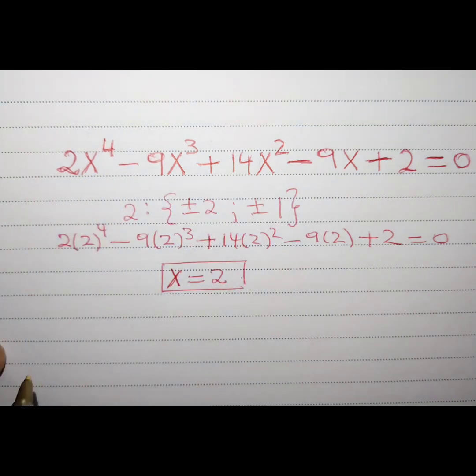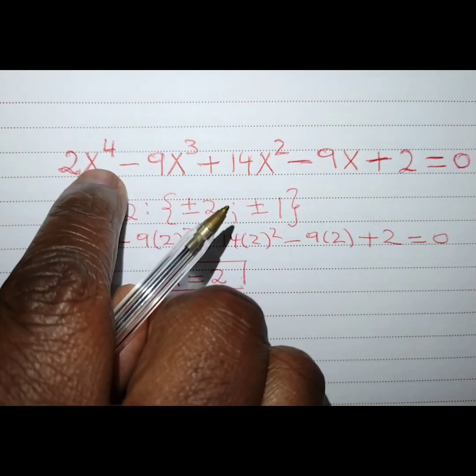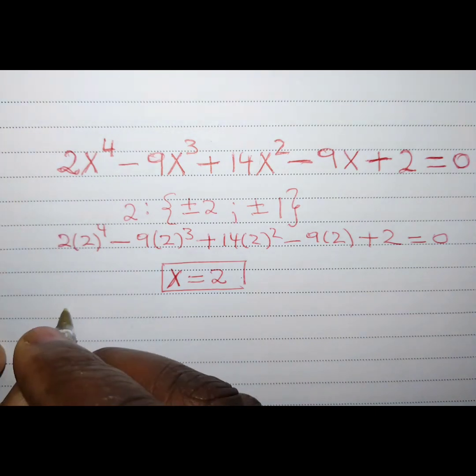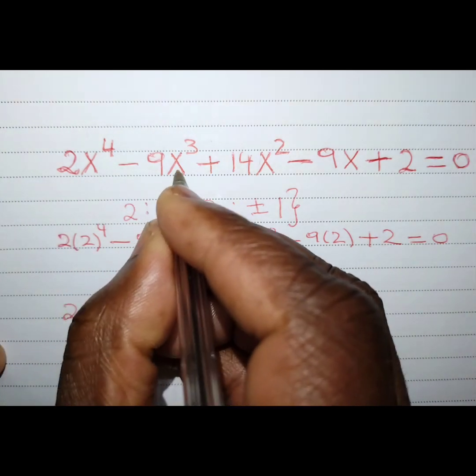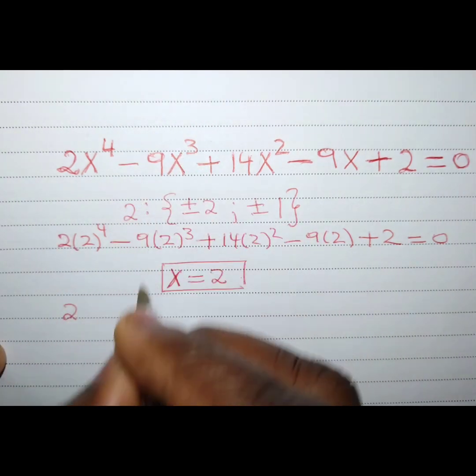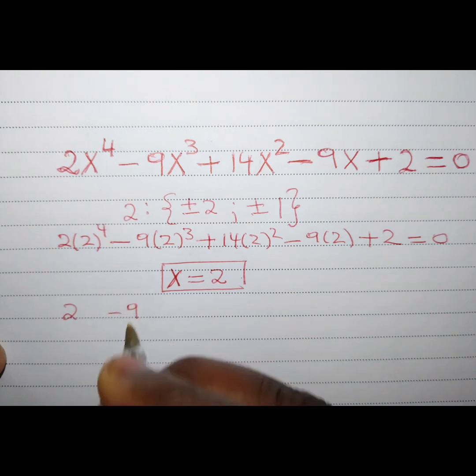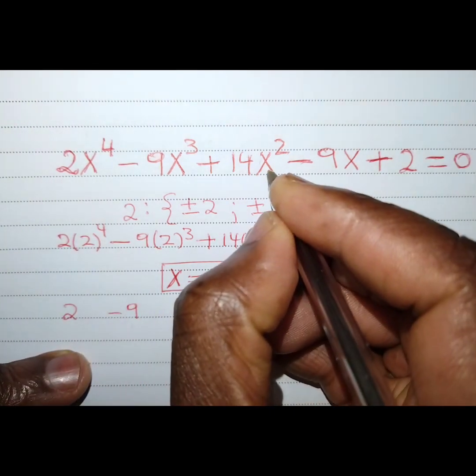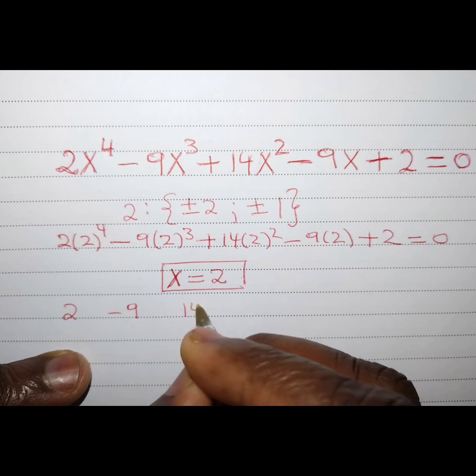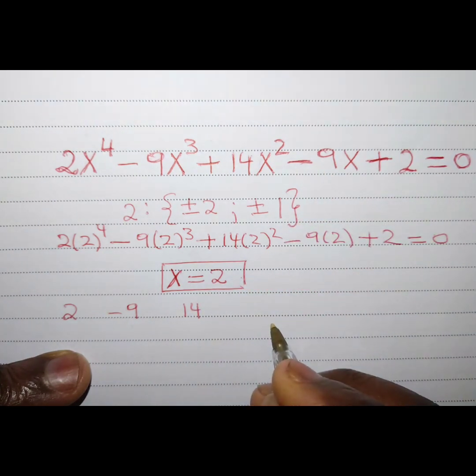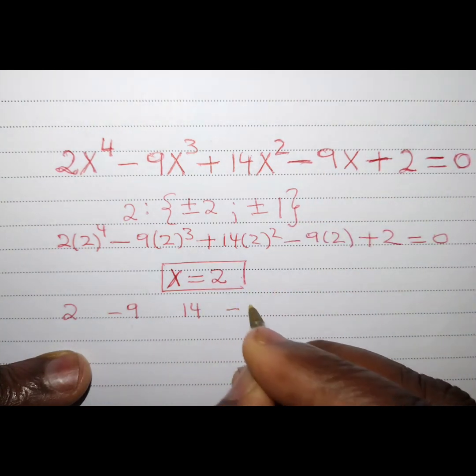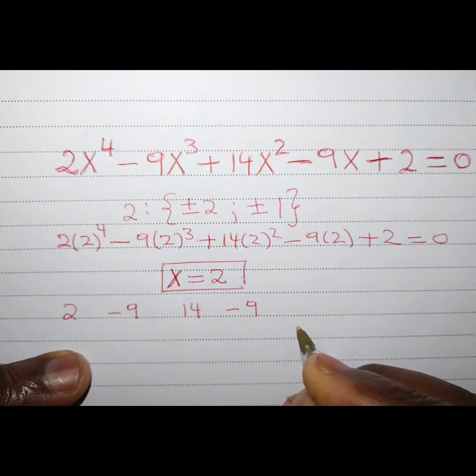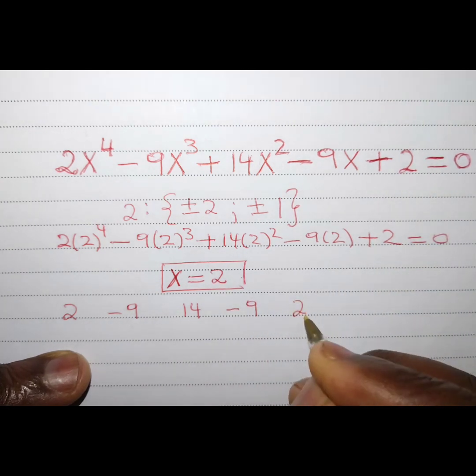The coefficient of x to the power 4 is 2. The coefficient of x to the power 3 is minus 9. The coefficient of x to the power 2 is 14. The coefficient of x to the power 1 is minus 9, and the independent term is 2.